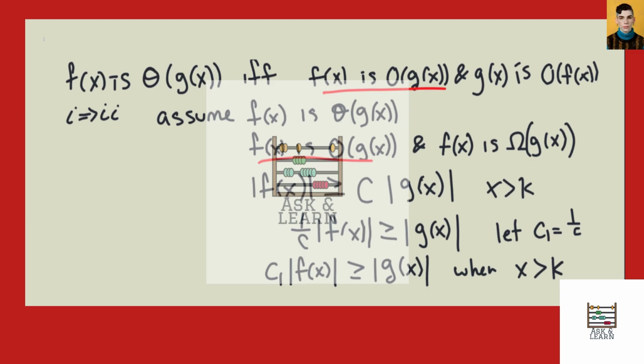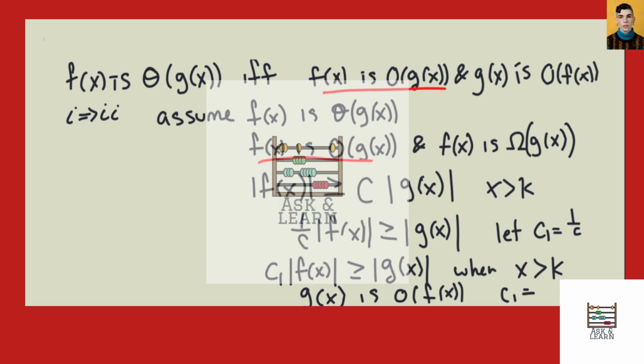All right, well, by big O notation, though, this means that g of x is big O f of x, where our c is going to be this c1.